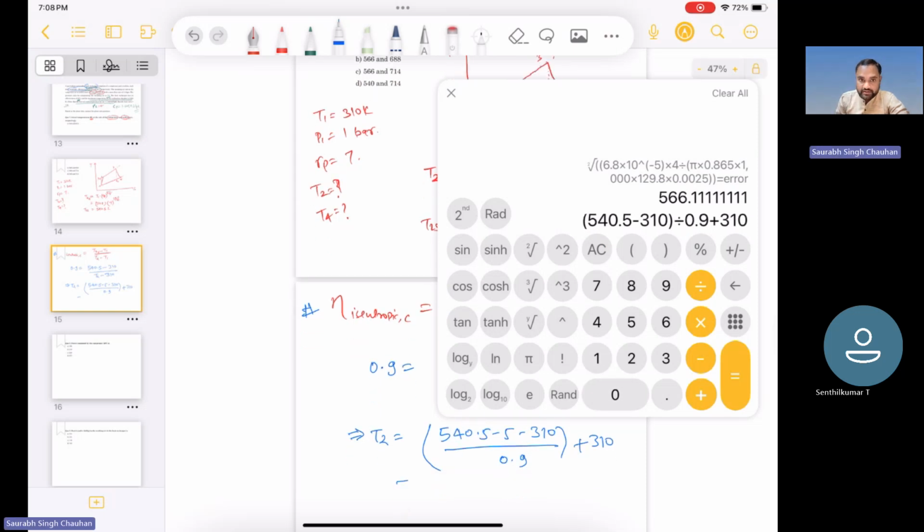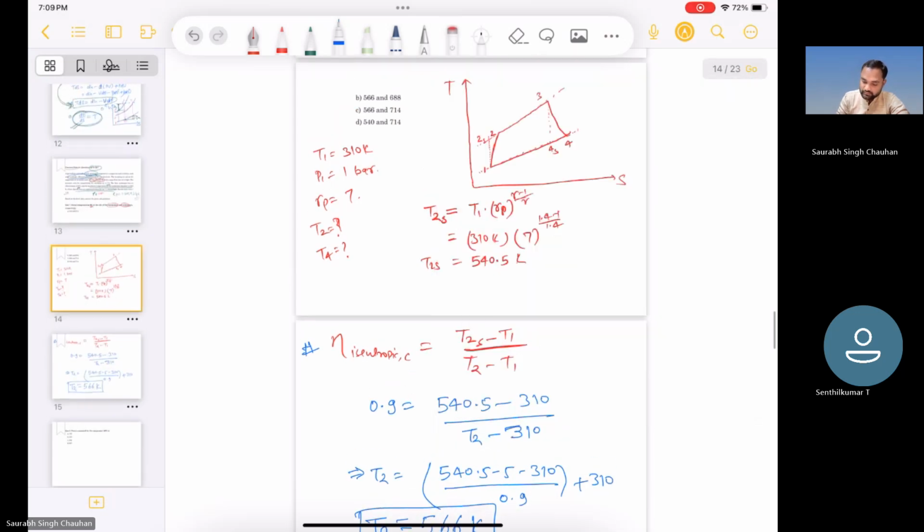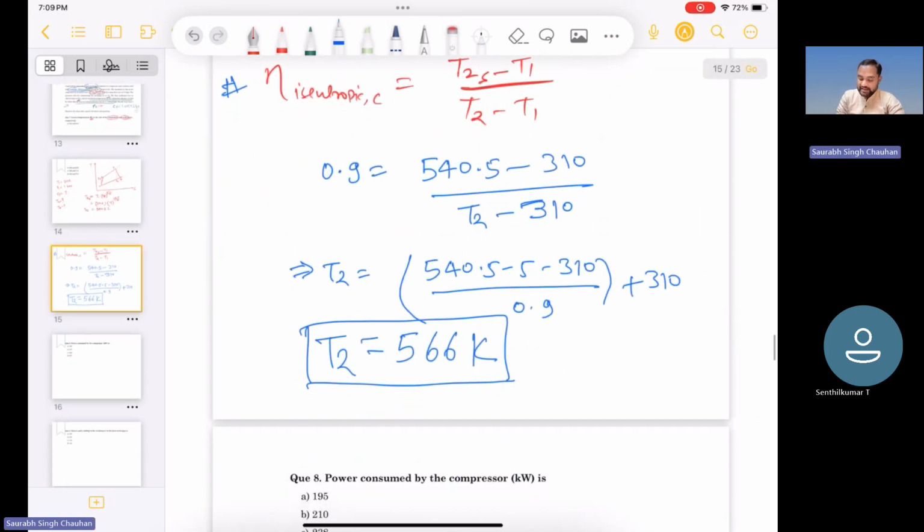So it is coming out to be 566. So this is the actual temperature at the compressor exit.